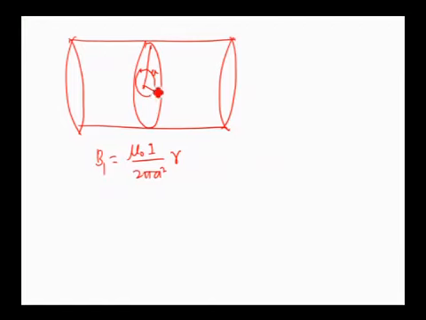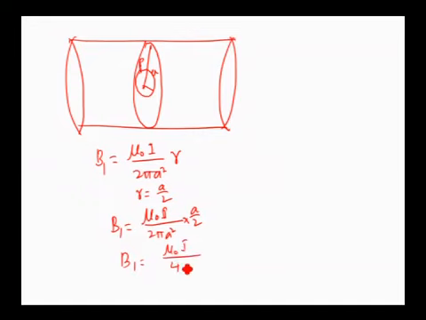This loop is called the Amperian loop. So this radius is A by 2. So R we will substitute as A by 2. Okay. Then I can write B1 equals mu naught I dot by 2 pi A square into R is A by 2. Now we are finding magnetic field at this point, that is at a point P inside the conductor. Okay. So that is B1 equals mu naught I dot by, if you cancel one A, then I can write 4 pi A.